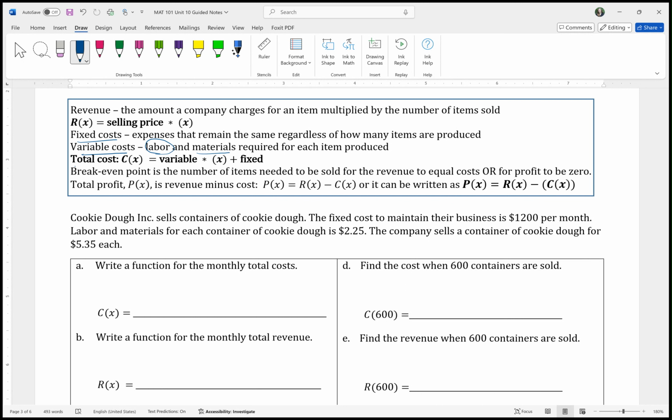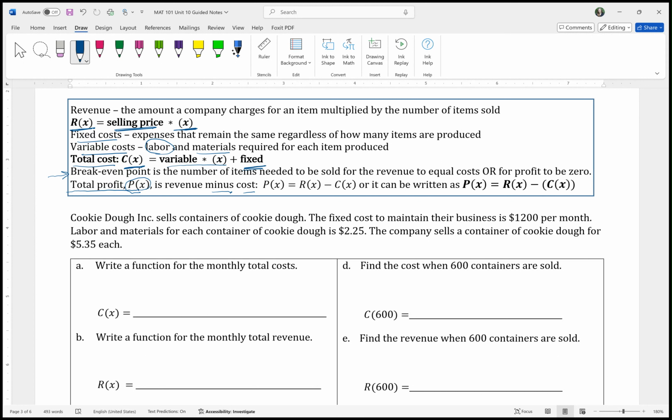And so total cost is C of X, which is our variable cost times the variable X plus the fixed cost. Let's go back. Our revenue is R of X, which is the selling price times the number of items. And then we have the profit. I'll come back to the break-even point. The profit is P of X, and it is revenue minus the cost.